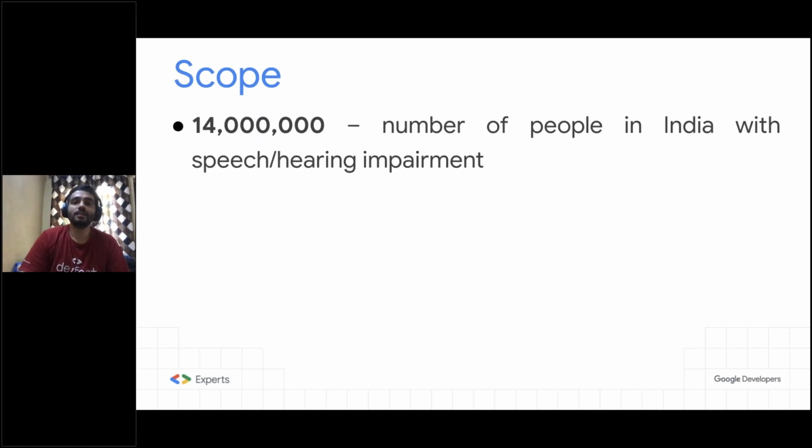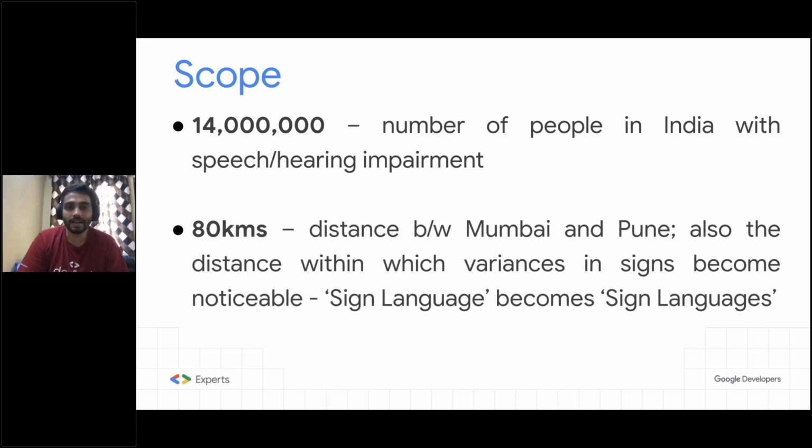So 40 million is the number of people in India that currently have speech and hearing impairment. And around 80 kilometers, or around 45 miles, is the distance between the two places where I stay and where I work, that is Mumbai and Pune. And within these two cities, which are very close by, the sign language for India becomes sign languages.